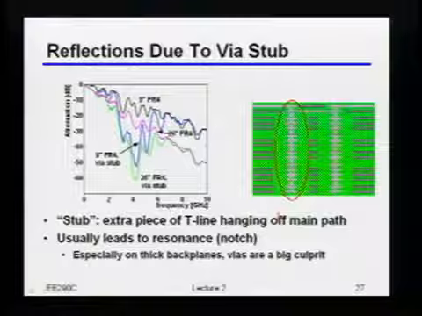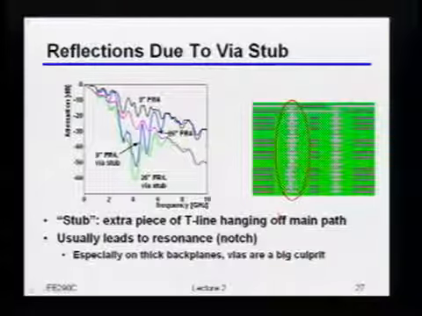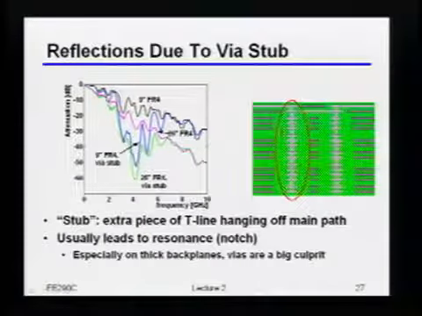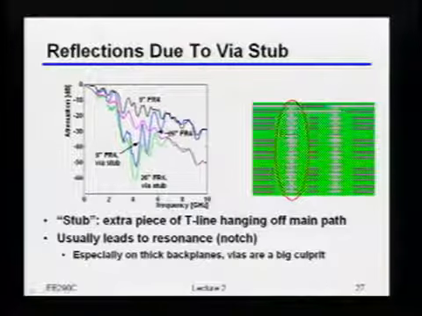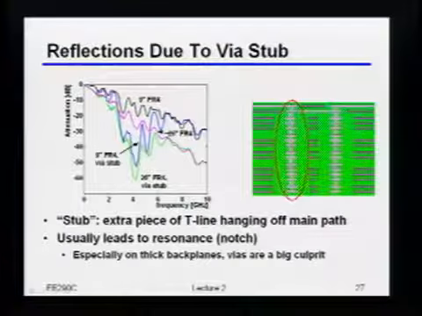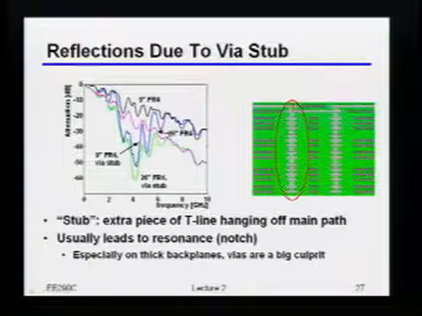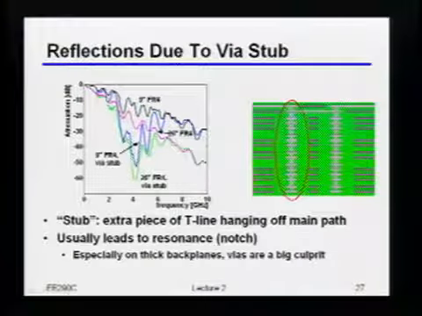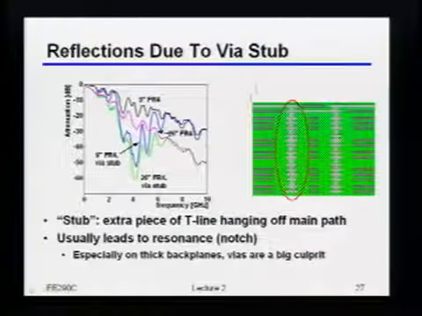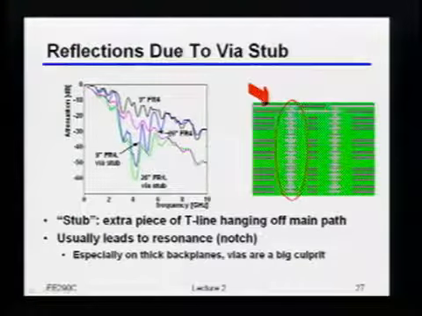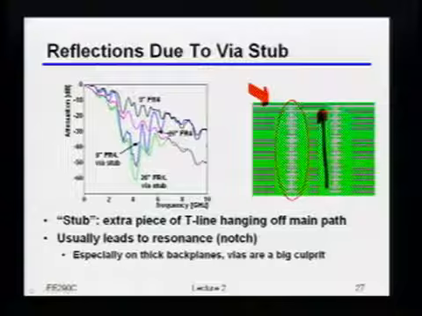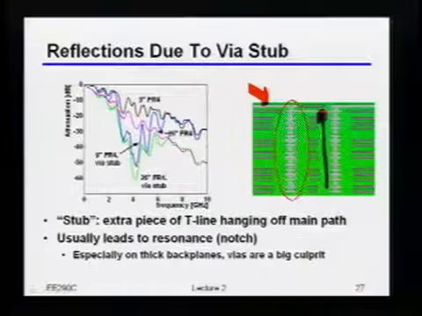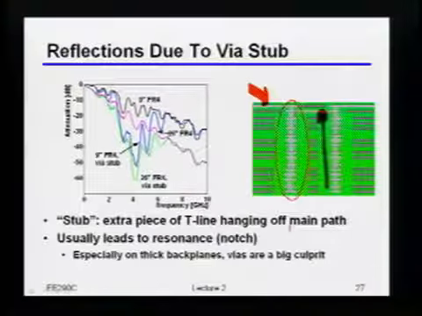The reason you typically end up with those is vias. In PCBs, when you want to create a via, what you usually have to do is dig a hole through that entire PCB and then fill it up with copper. That means even if I'm just going from the top layer down to just 1 layer beneath it, you still have this huge piece of copper hanging off of it.